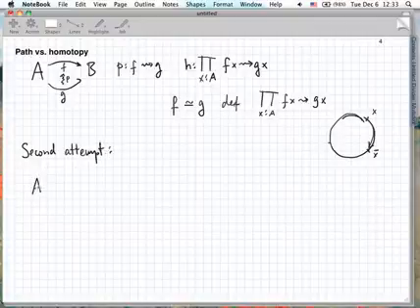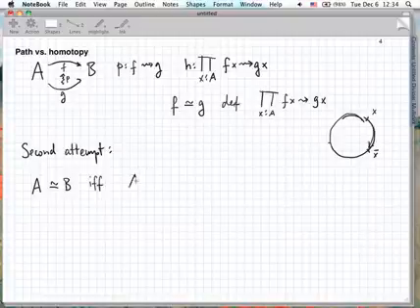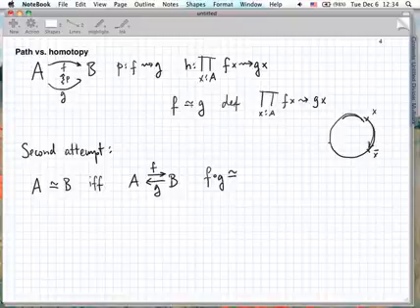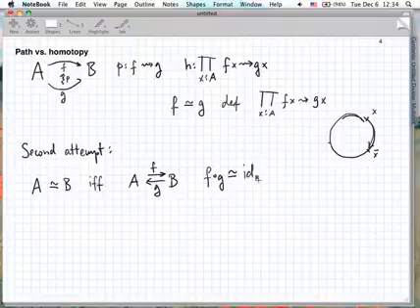We would say that A and B are the same if there are two maps between them such that f composed with g now is homotopic in this way to the identity on B, and g composed with f is homotopic to the identity on A. Like that.